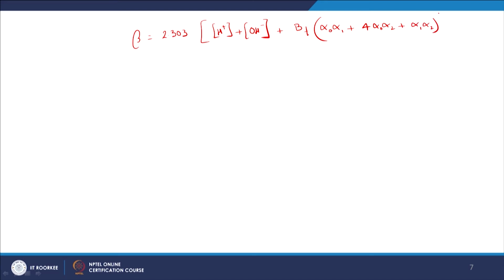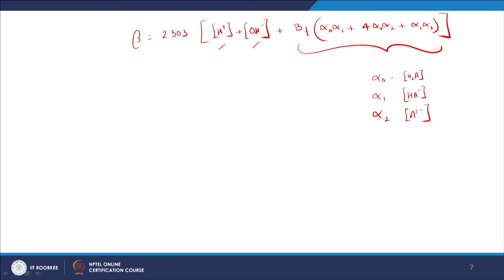So again let us try to understand this particular system. We already talked about these two variables when the pH is at its extremes. So we are concerned with this particular system. Again we know that alpha naught, alpha 1 and alpha 2 are the ionization fractions which give you relative concentrations of what now? H2A, HA minus and A2 minus, right.